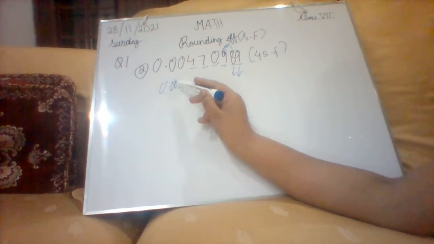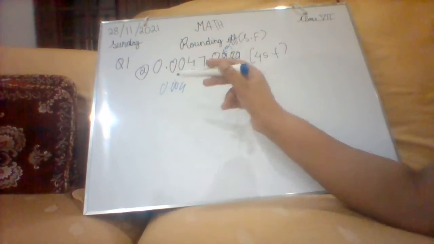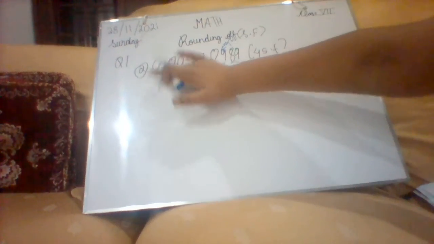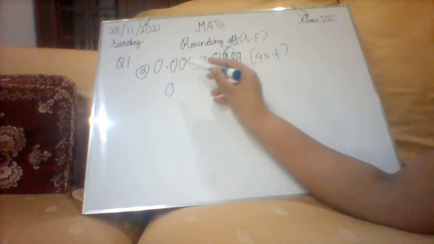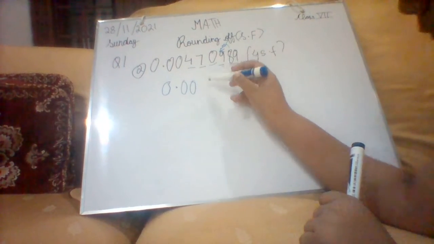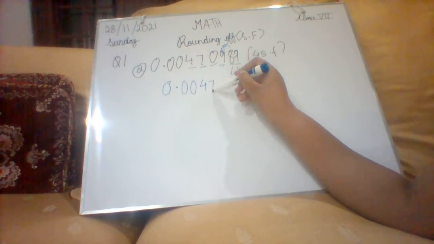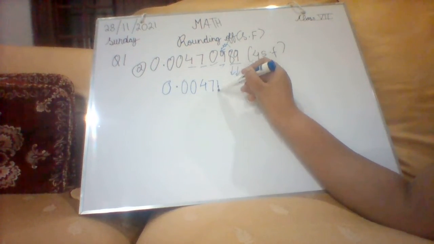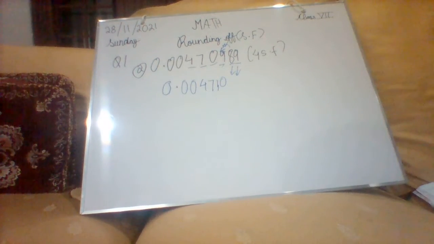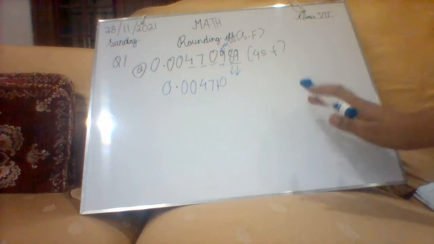Always remember these zeros have values, so you have to write them. 0.04710 is your answer. What is 9 plus 1? It is 10, and the 0 at the end has no value here, so we remove it. Till this, you got your answer.